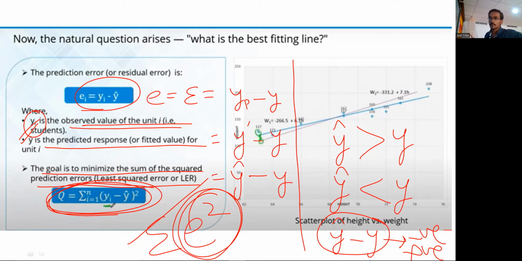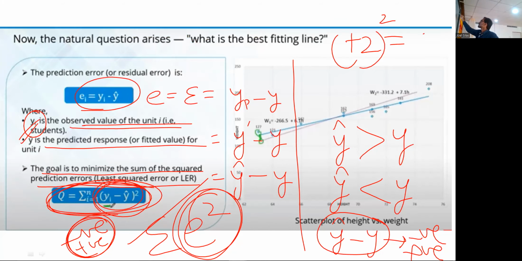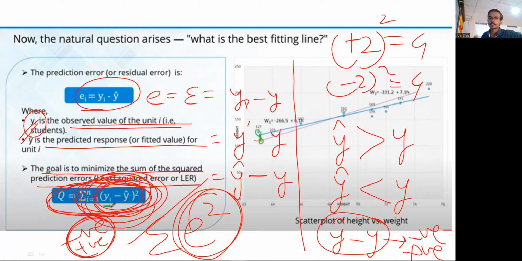So in order to tackle this difference in the magnitude, that is the sign, negative or positive, to eliminate this problem that we may face in calculations, we are taking the square, because we know that square of plus 2 is 4, square of minus 2 is also 4. That means square of a positive or a negative same number is same. So that is why we are taking the square. And this is the value that we need to reduce, minimize. Summation of the square of the errors in the machine learning algorithm.